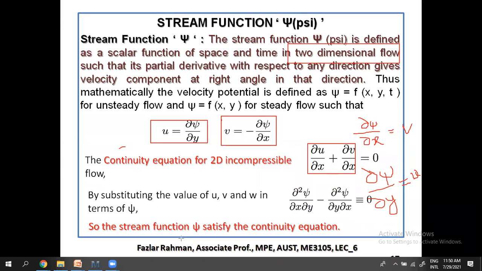Right over here, there is a mistake. This will be del y. Okay, del u by del x plus del v by del y. This summation will be 0. Now, if you put u over here, you get del by del x, and in the bracket you will have del psi divided by del y.